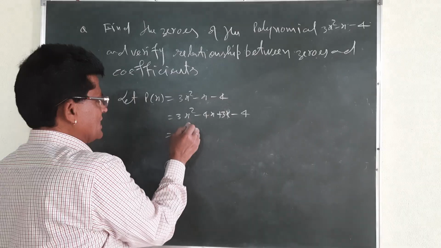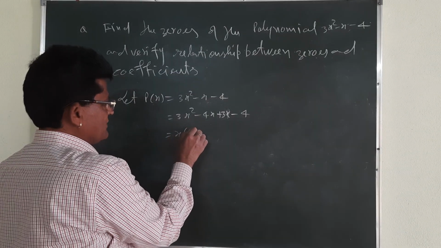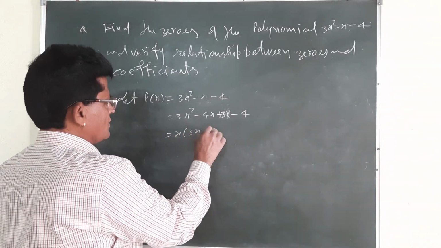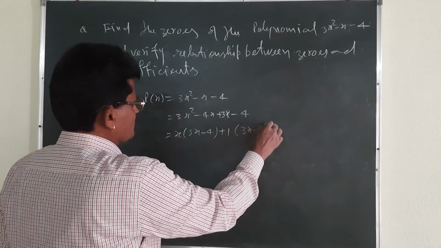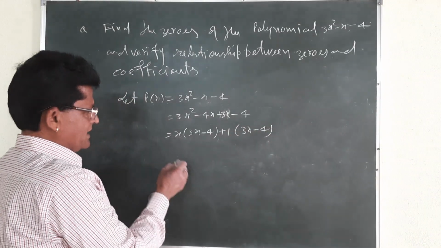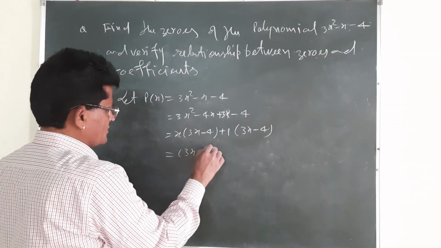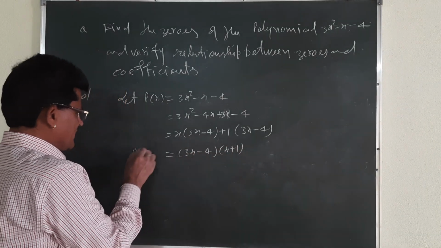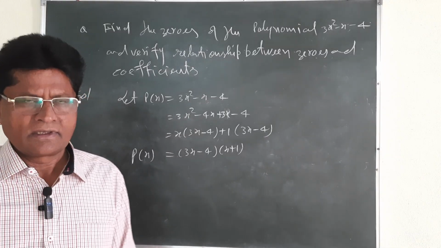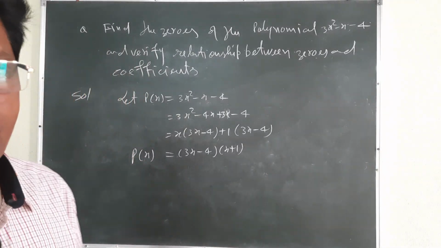What is common here? x is common. What is left inside the bracket? 3x minus 4. What is common over here? 1. And once again 3x minus 4. Now what is the common bracket? 3x minus 4 or x plus 1. That is the value of p(x). After splitting the middle term, we got the factorization.